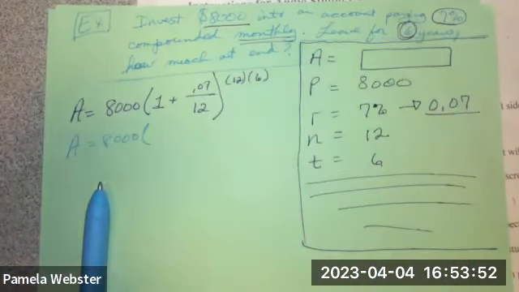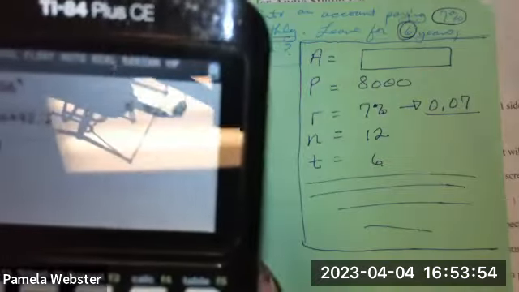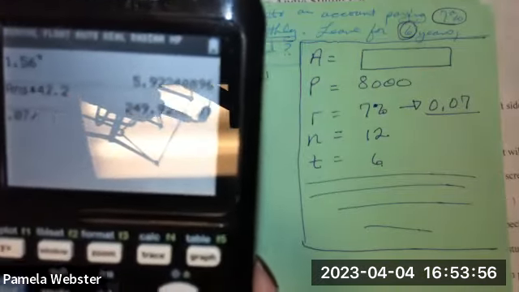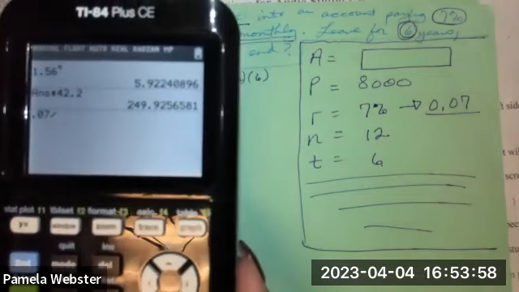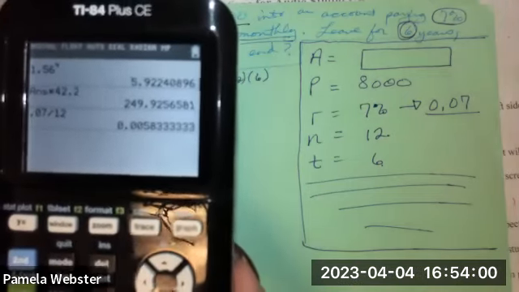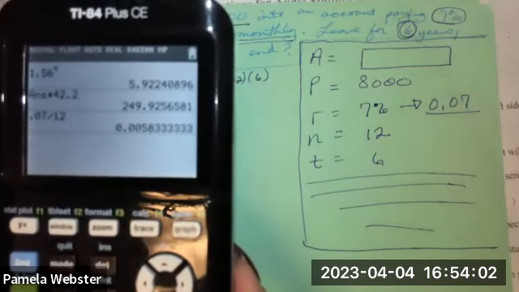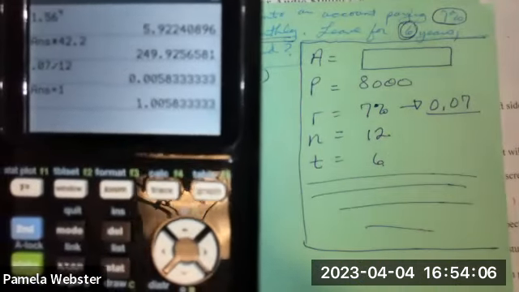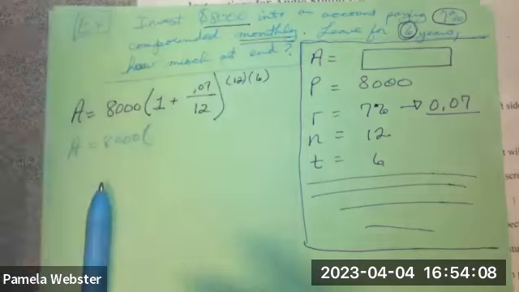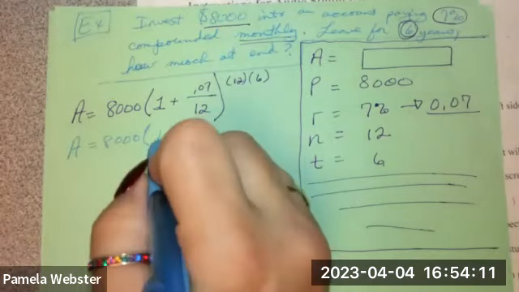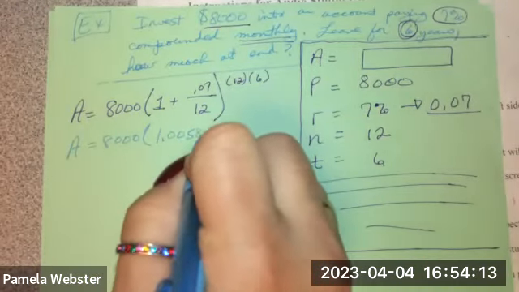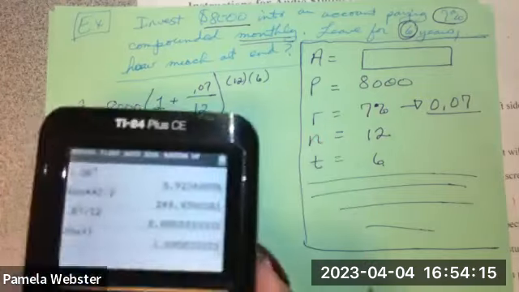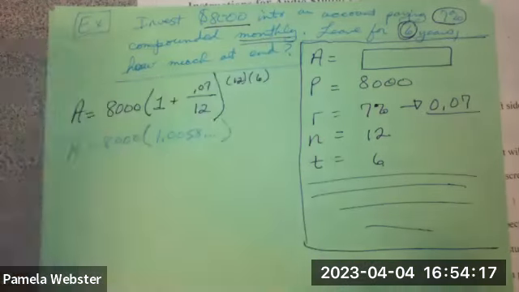So that's 0.07 divided by 12. That's 0.00583, and then add your 1. So I'm doing everything inside the parentheses. 1.0058. I'm going to stop there, but I'm going to keep that decimal in my calculator so that I can play with that in a minute.